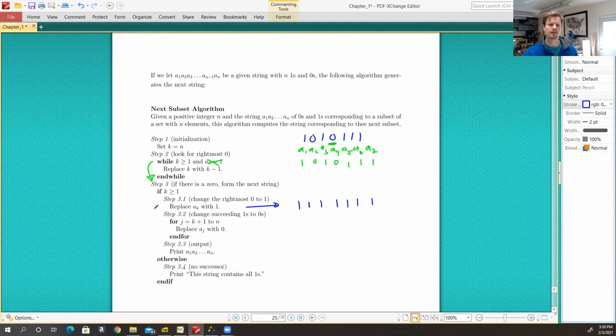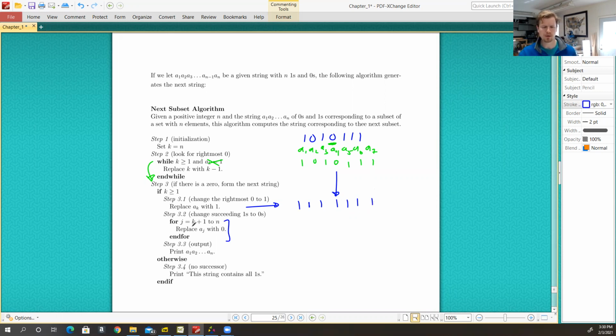Once we've changed this one to a 1, we're going to change all of the remaining ones, or all of the following ones, to zeros. So we're going to change all of these to zeros. And that's what this loop does.